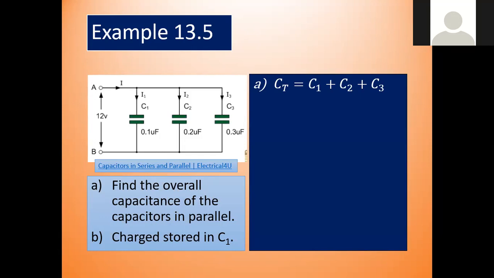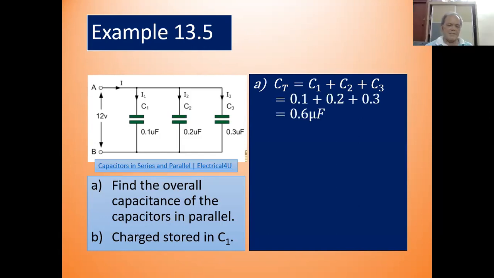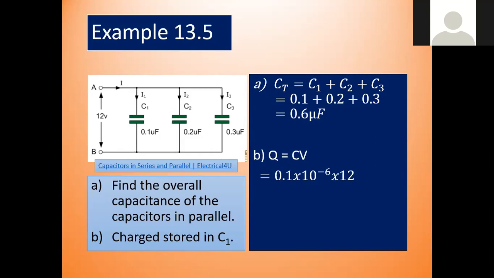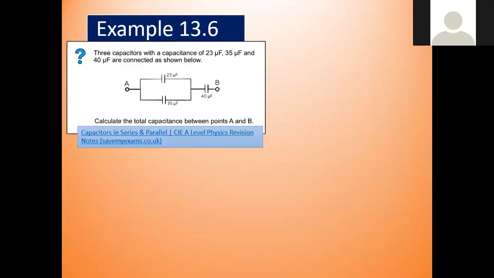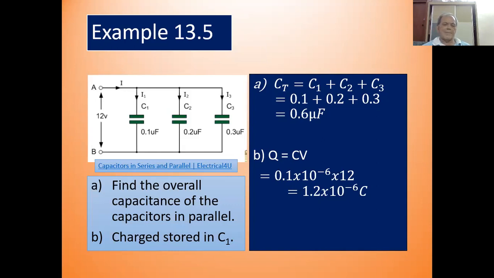Yeah, 0.6. That's all. Then charge stored in C1. Let me try this. Q equals CV. So 0.6 divided by 12. Oh, okay. You work with the resultant. So the charge on the resultant is the one we are looking at. So that is your resultant.